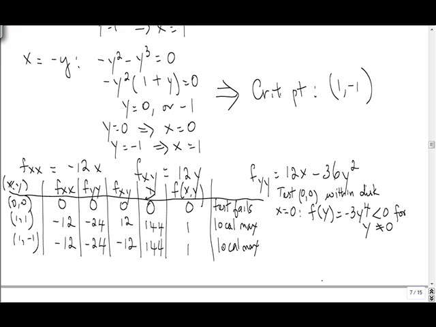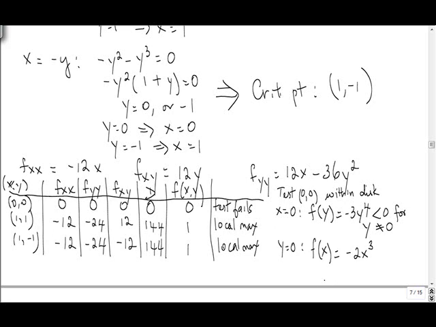All right, so that's the first test we go into. Then hold y equals 0 constant. What is f of x? It becomes minus 2x cubed. But what do you know about that?